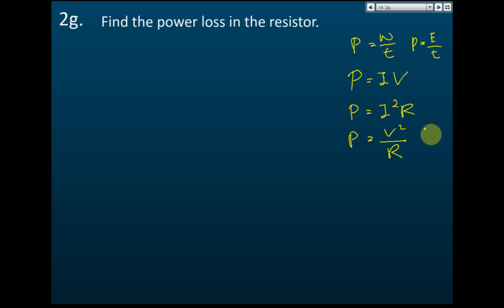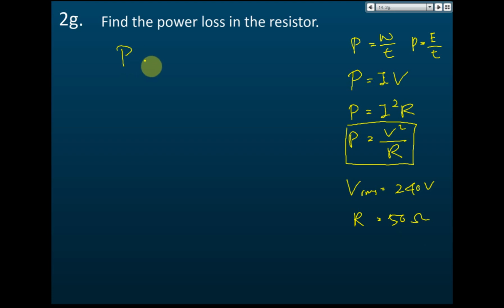In this question, I suggest that you use this one, because we know that the V RMS is 240 volts and the resistance is 50 ohms. Now, for alternating currents, to find the power the voltage must be the root mean square voltage, and the current must be the root mean square current.